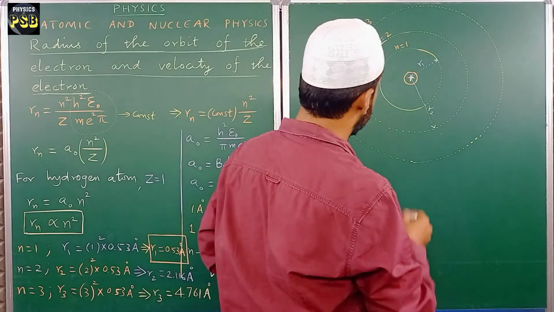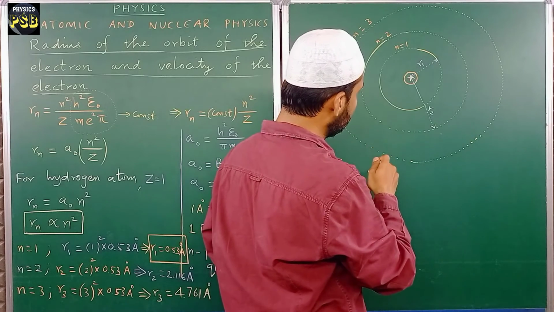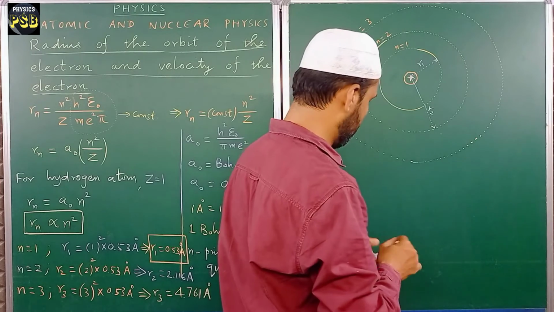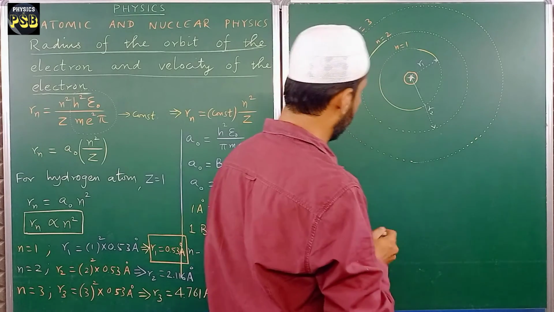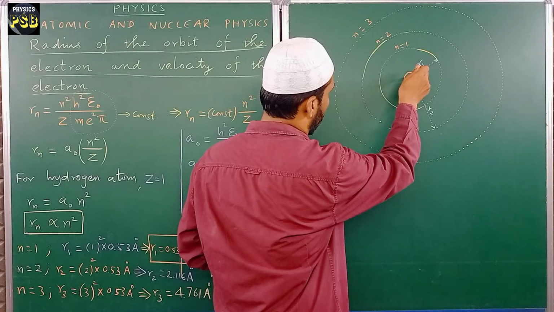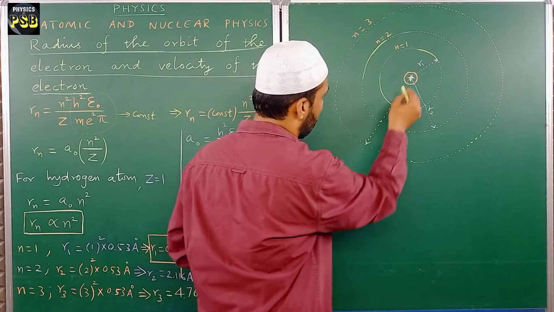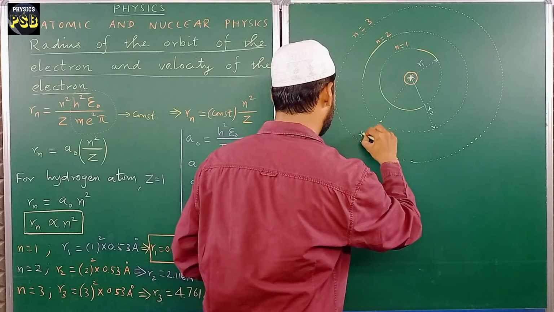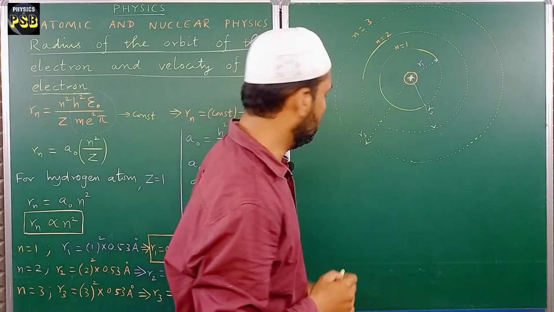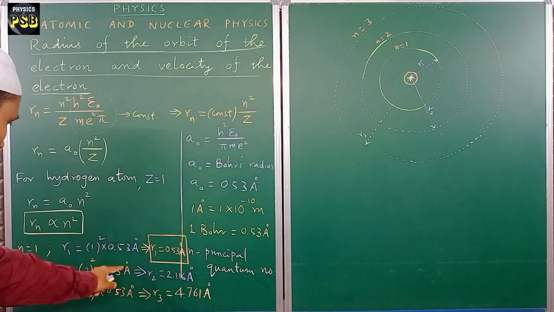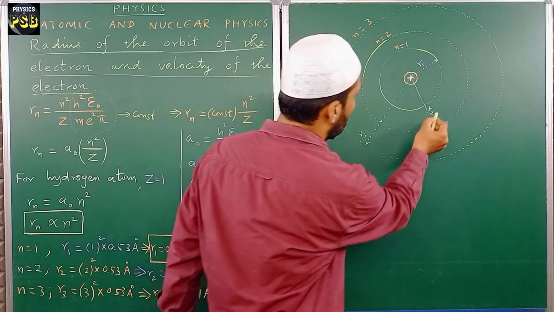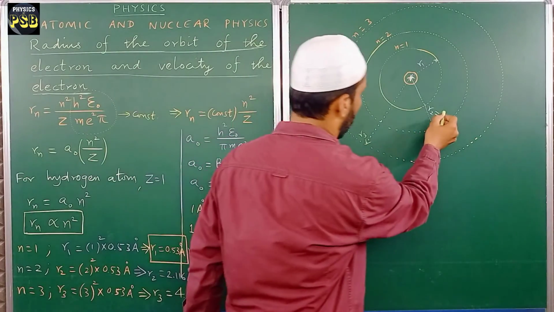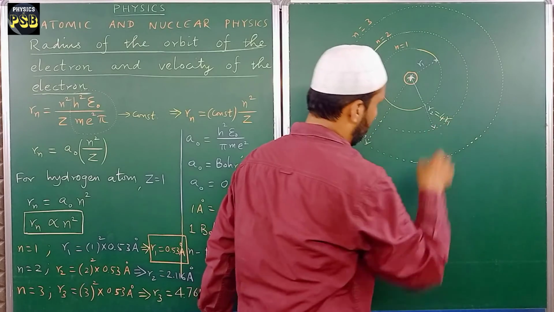And the distance of this orbit from the center gives us R3. Here R2, according to this equation, is found to be equal to 2 square, which is 4 times R1.